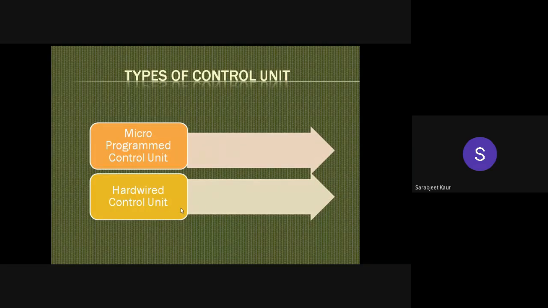Okay, so the advantage of hardwired control unit is that it is very fast. All we need to do is switch on the circuit, that means give power, and it starts working. Is this clear? Yes, ma'am. Are these two types of control units clear, and their corresponding advantages, disadvantages?